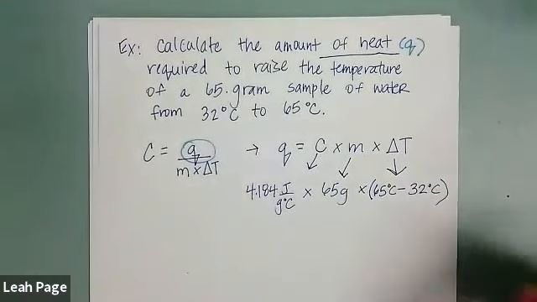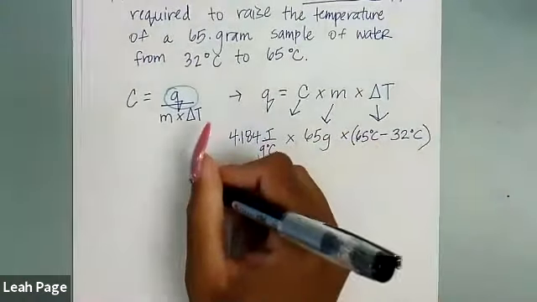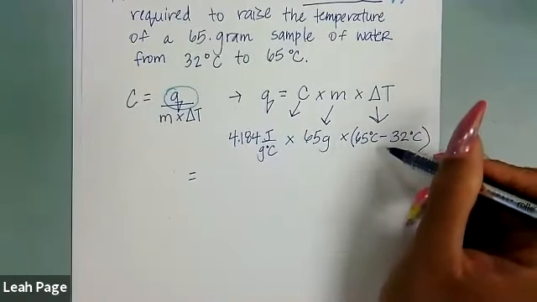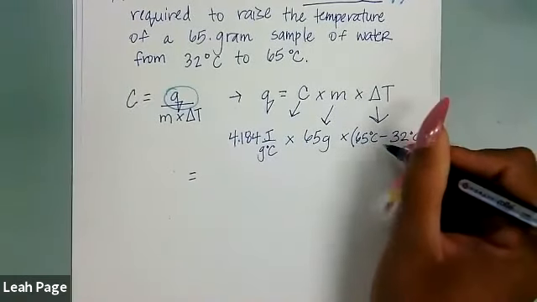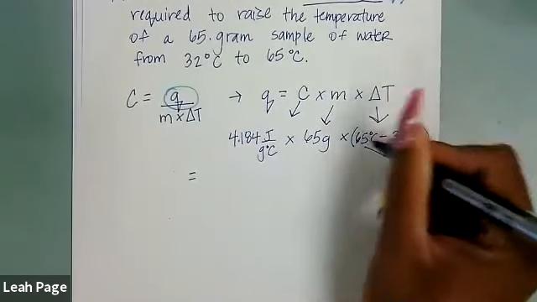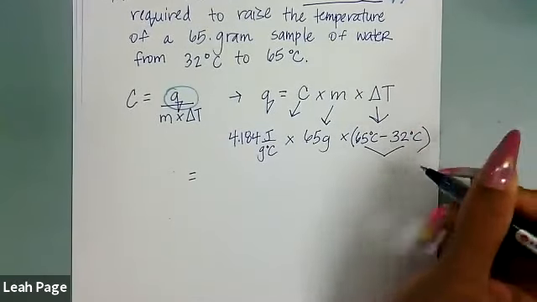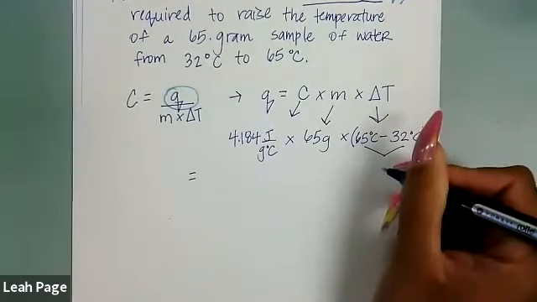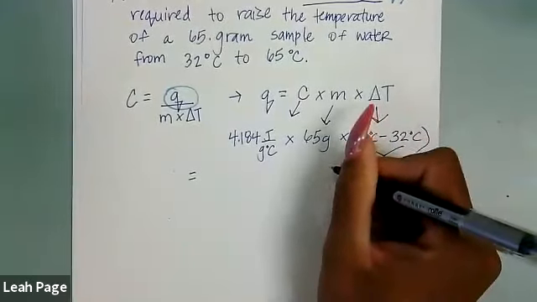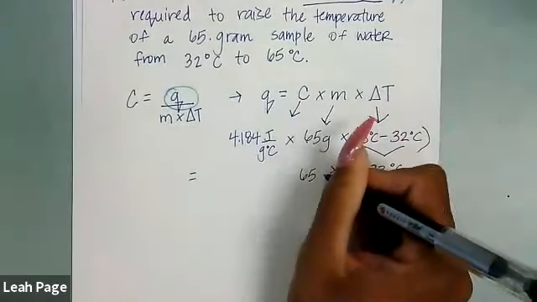All right, so we're still going to go through the order of operations. We're still going to do PEMDAS. We're going to do the parentheses first. We're going to go through the sig fig rules. Remember, subtraction says least decimal places. There's no decimal places in both of these numbers, so my answer should have no decimal places. What's 65 minus 32? 33 degrees Celsius, which has 2 sig figs.